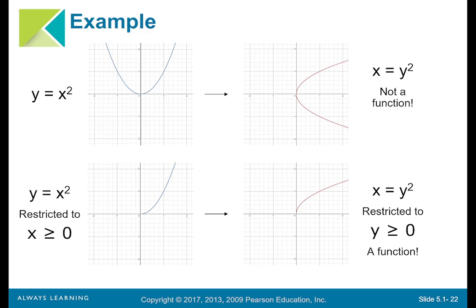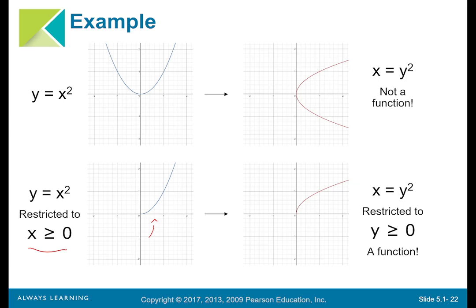In fact, if we do restrict the domain, several times we can actually get a function as its inverse. So for example, if I have y equals x squared all alone, just the full domain here essentially, and I look at its inverse, x equals y squared, well, that's not a function. But if I take y equals x squared and I restrict it to x greater than or equal to 0, so it's only the portion in here, then I can actually find its inverse.